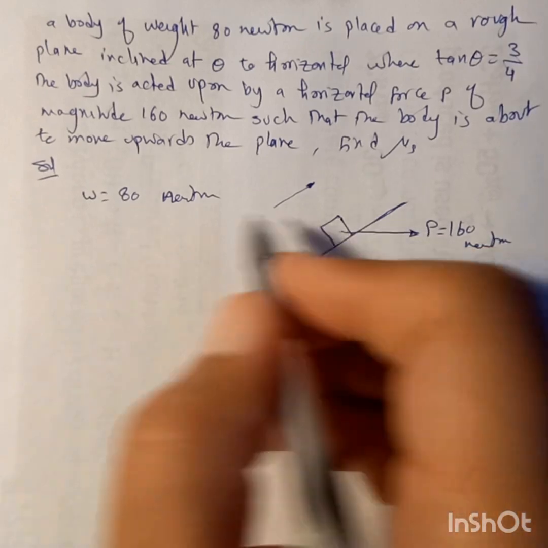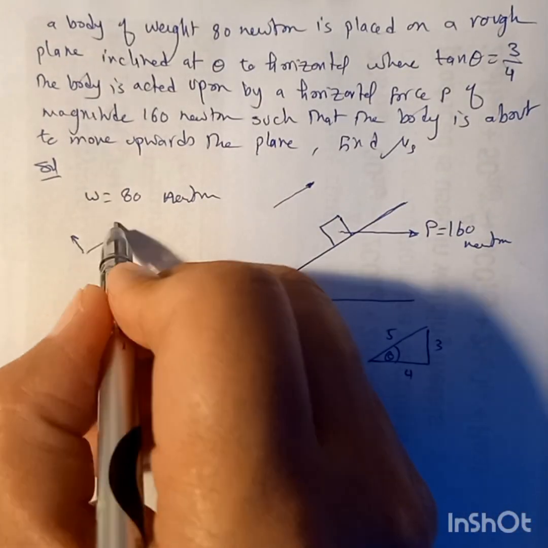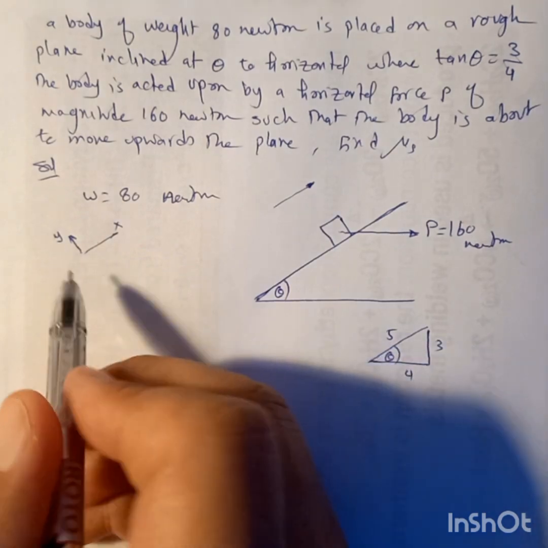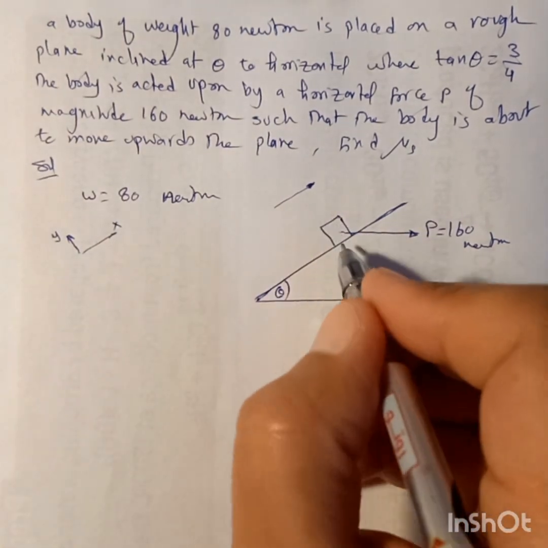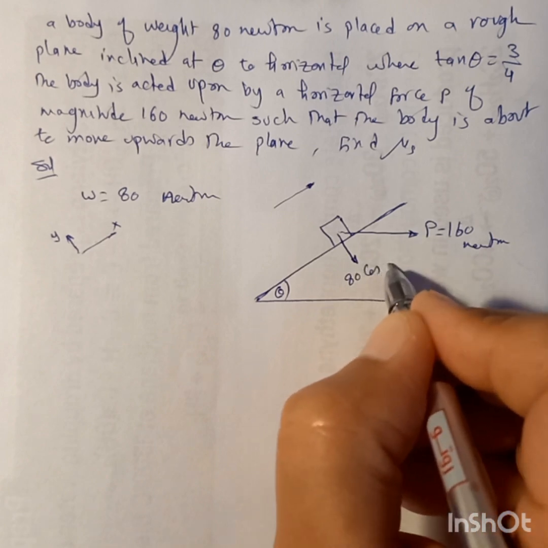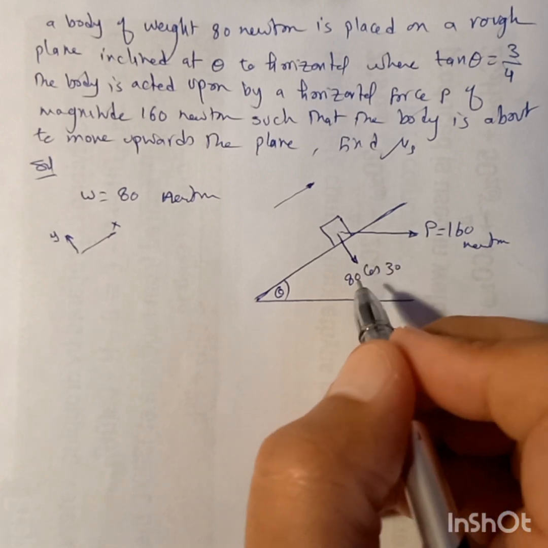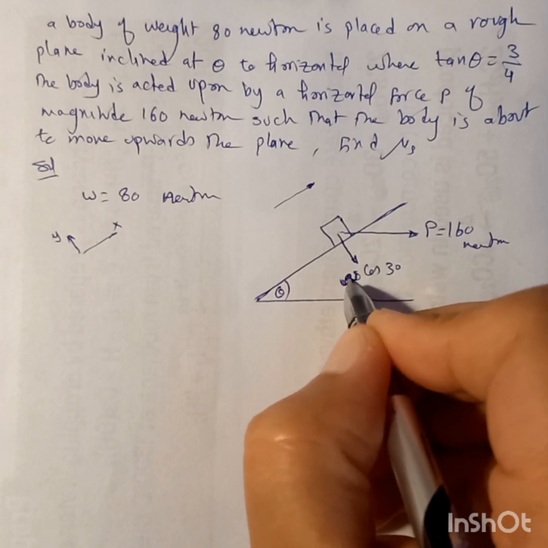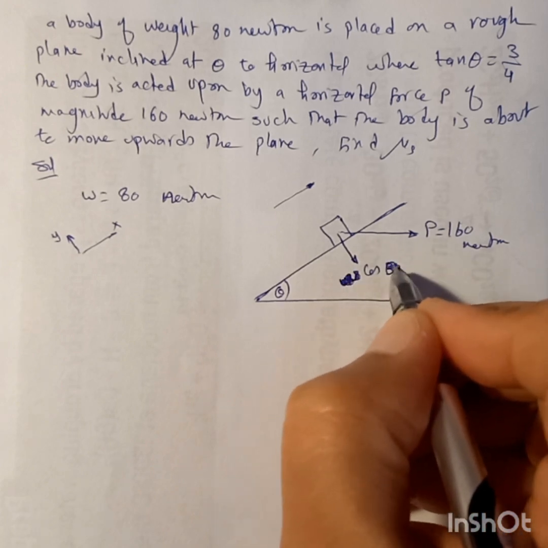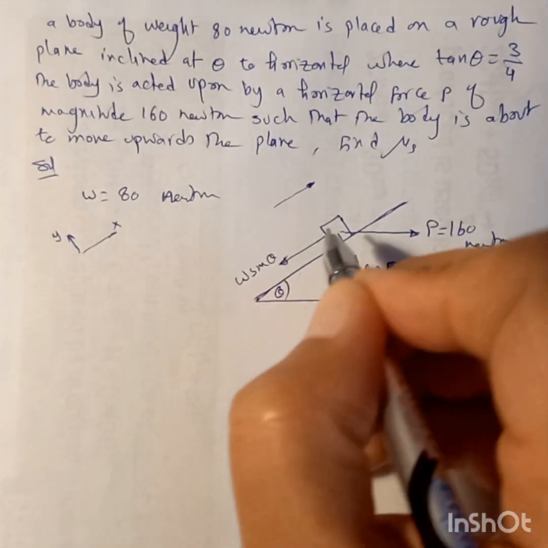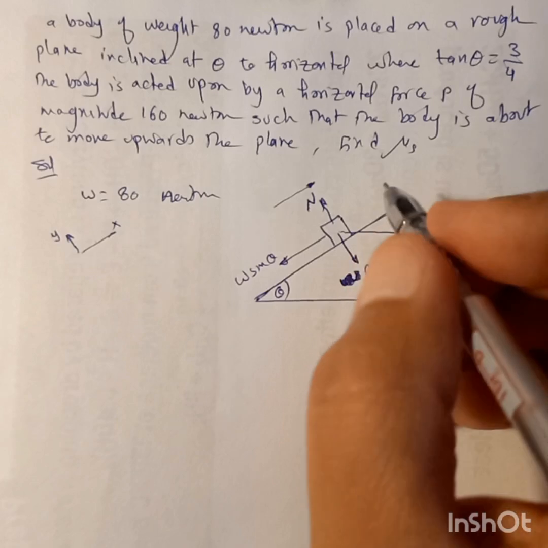Here we'll assume x in this direction and y in this direction. The forces acting upon this body are its weight W; for simplicity we'll keep it as W and finally substitute the figures. We have W cosine theta and W sine theta, and this normal reaction force.